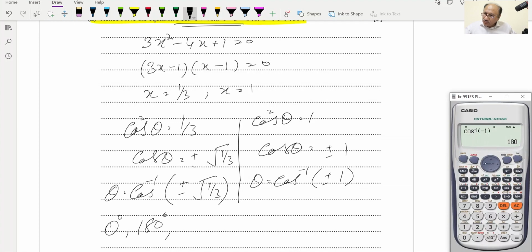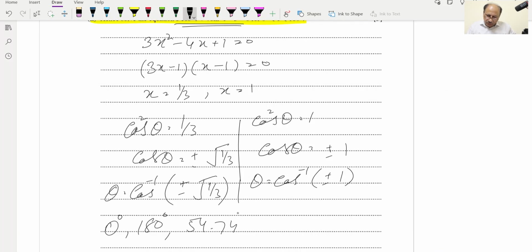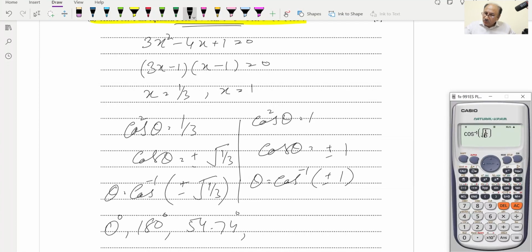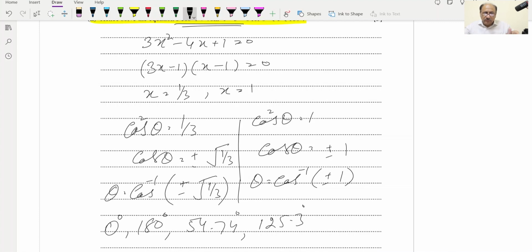And for plus 1 over square root 3, as a fraction, this will be equal to 54.74 degrees. And next we can write this as negative also, which will be 125.3 up to one decimal place, and these will be the degrees which we can provide as our answer.